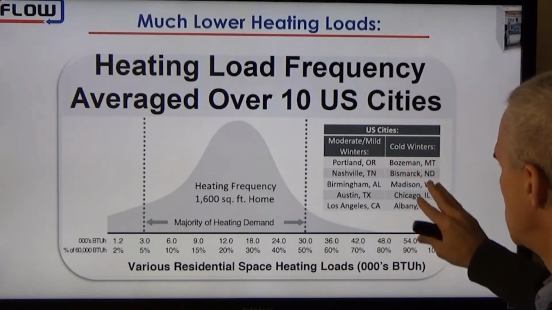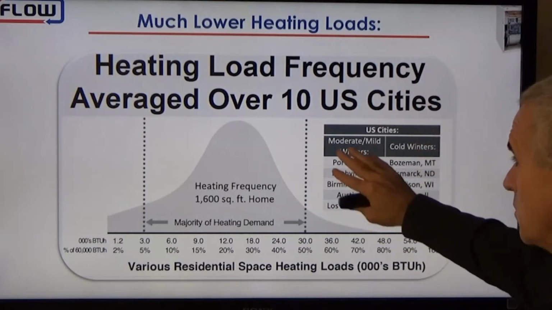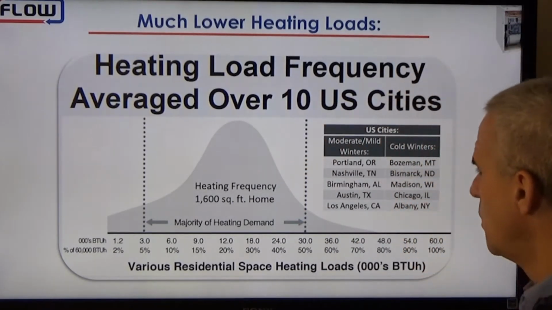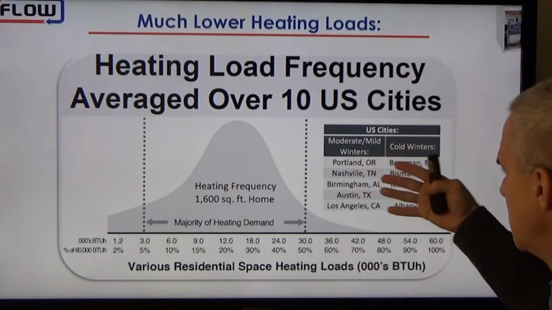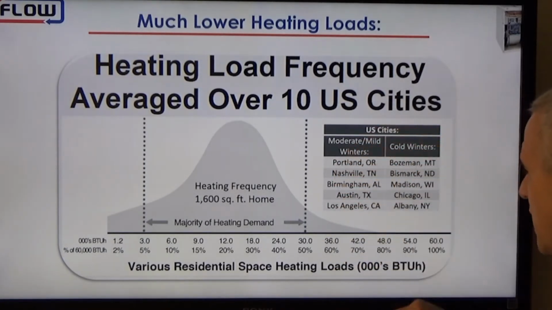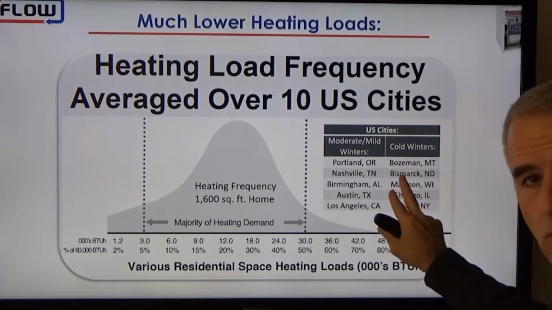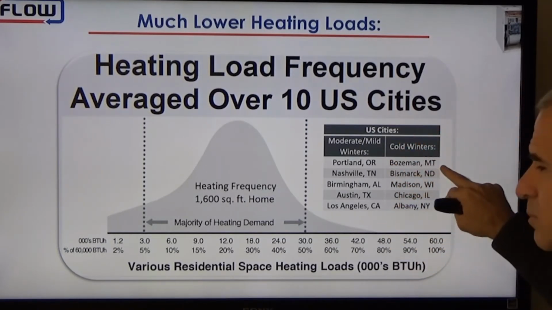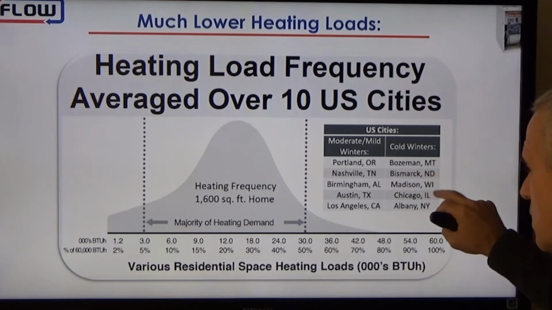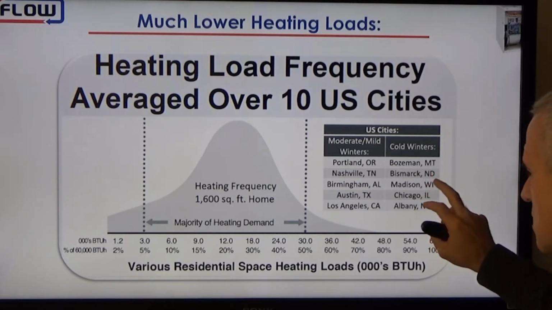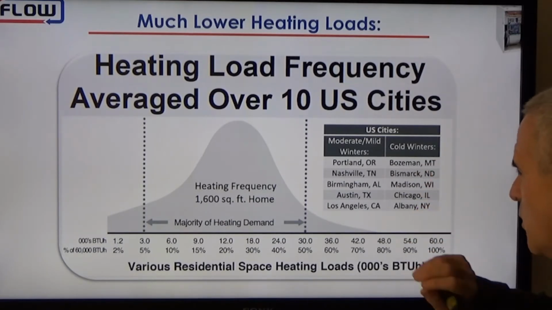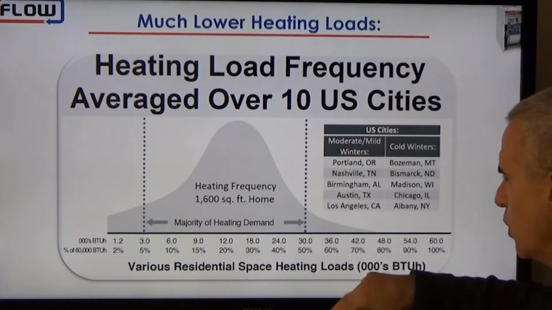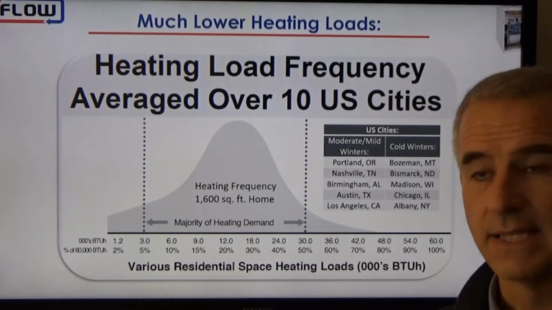If we average those 10, well actually now we're going to add a few more homes. So we had that one distribution, now we're going to add these 10 locations, 5 of them being very cold weather areas that have significant winters, being Bozeman, Montana, Bismarck, North Dakota, Madison, Wisconsin, Chicago, Illinois, Albany, and then for moderate, we're looking at Portland, Nashville, Birmingham, Austin, and LA.